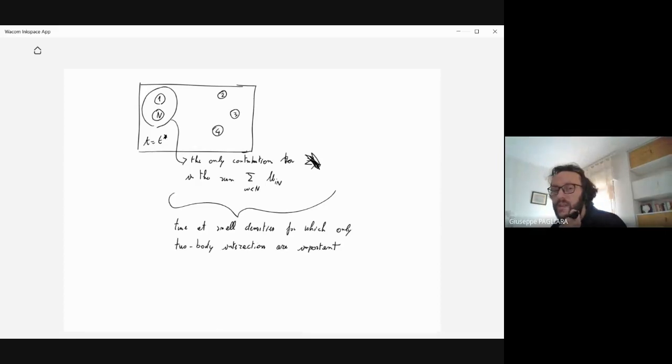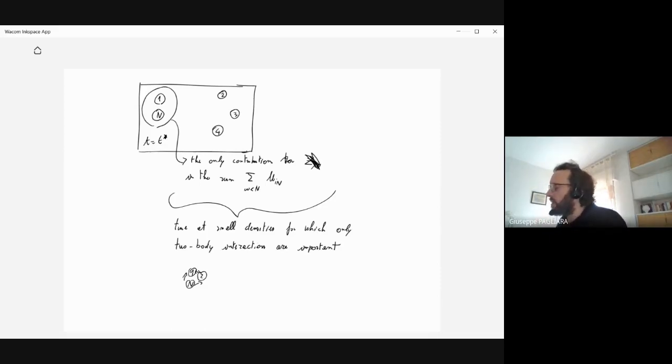Now, if the density instead is large, I can have a situation in which particle 1 and particle n are very close, but also particle 2. And then in this case, I have all the interactions that must be taken into account between particle n and particle 1, particle n and particle 2, etc. Okay?